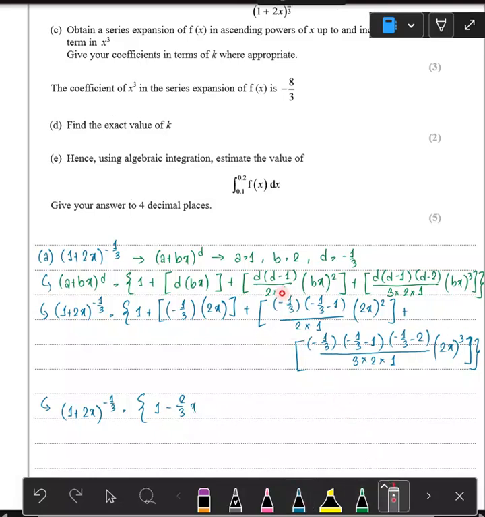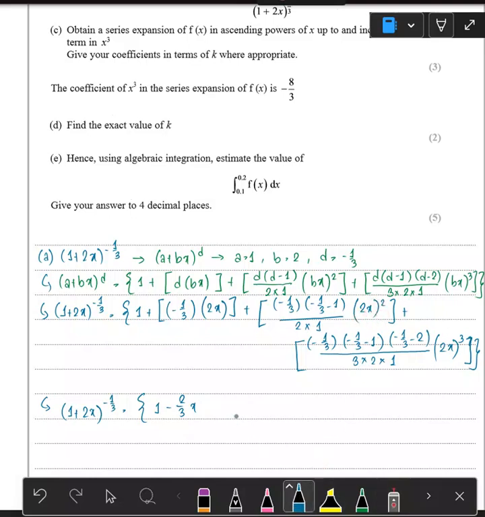Now next, if I multiply negative 1 by 3 multiplied by negative 1 by 3 minus 1, divided by 2, multiplied by 4x square, which is 2x whole square.